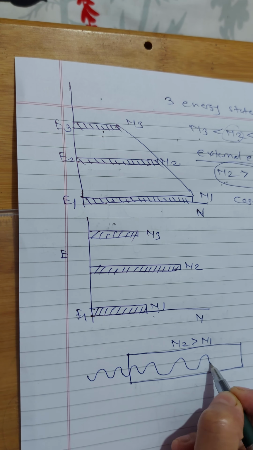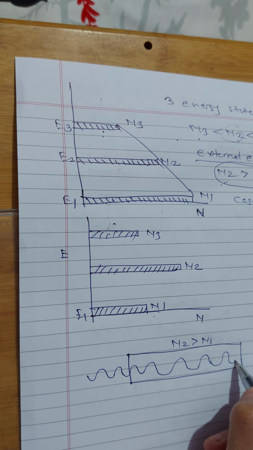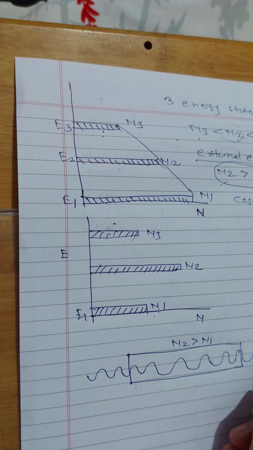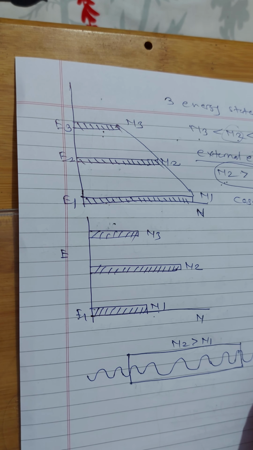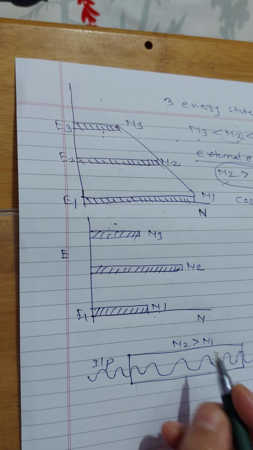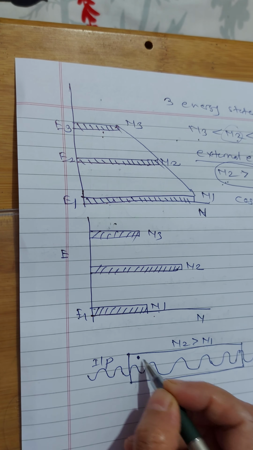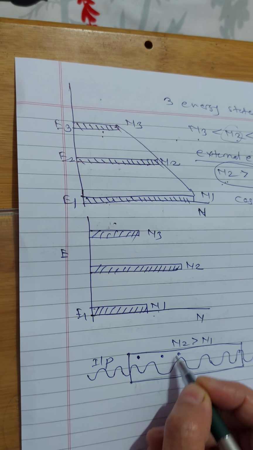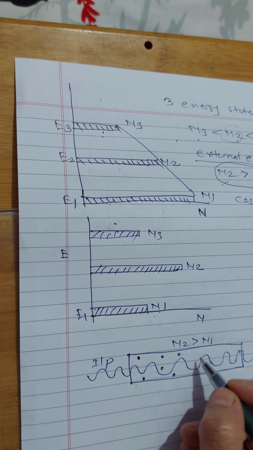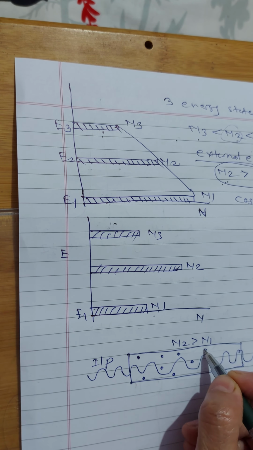So I can show this in this fashion, and the moment it is out, it will be in this fashion. So this is my output, this is my input, and this is N2 greater than N1. And then here I have more population, that is called population inversion.